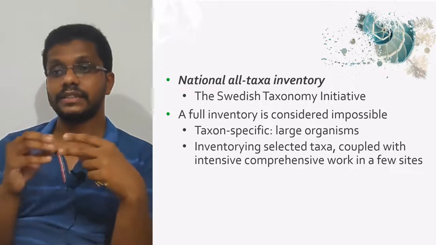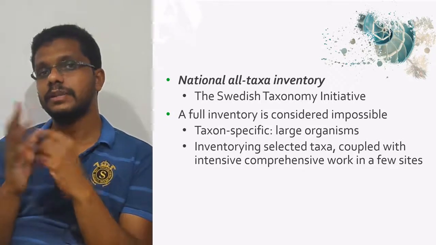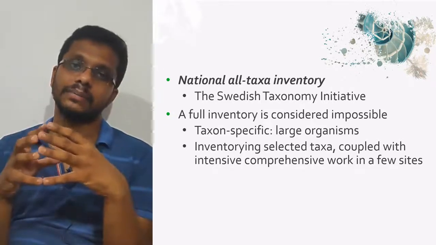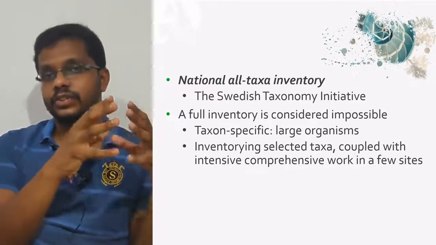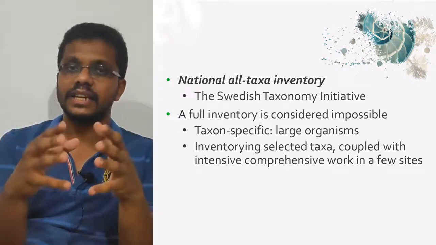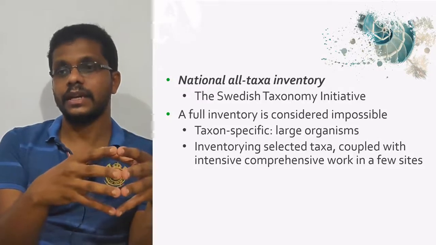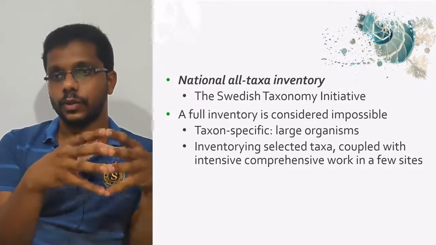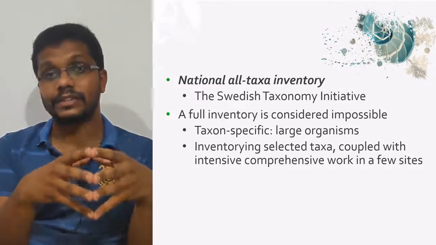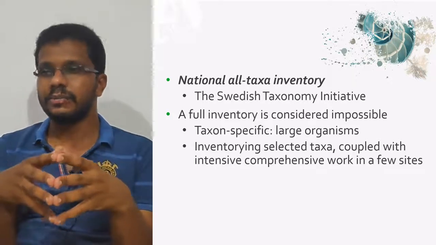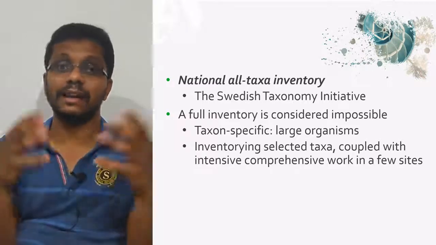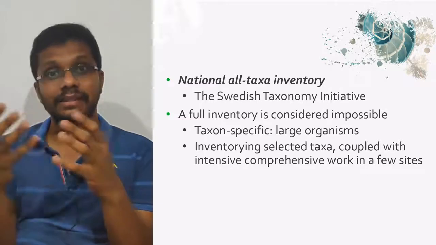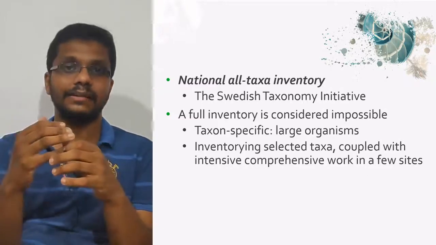First one is taxon specific. It means that when we are making a species inventory, we are not going to study all types of organisms. We are studying only a small group of organisms, and we are making conclusions based on that small group. That is called a taxon specific inventory. For that, we basically select the large organisms, which can be easily found in an area.